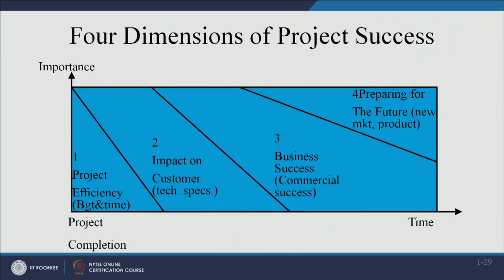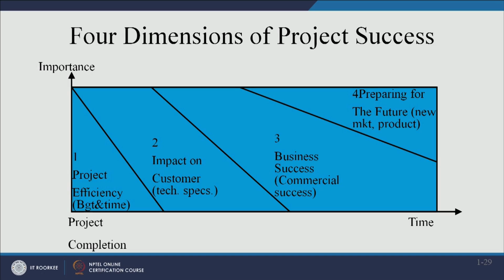So, let us look at 4 dimensions of project success. You have got time and budget criteria. You also have performance criterion, the second one is impact on customer, this is nothing but performance criterion.